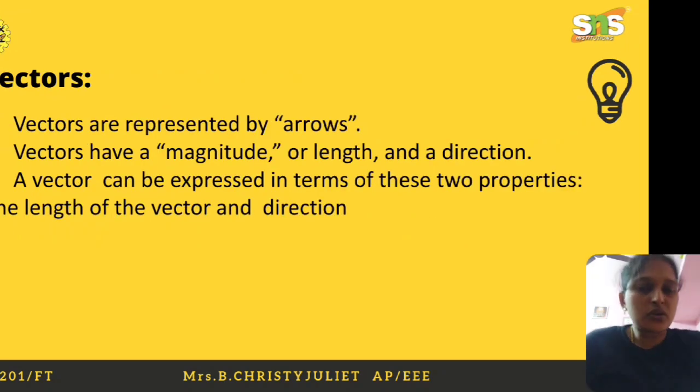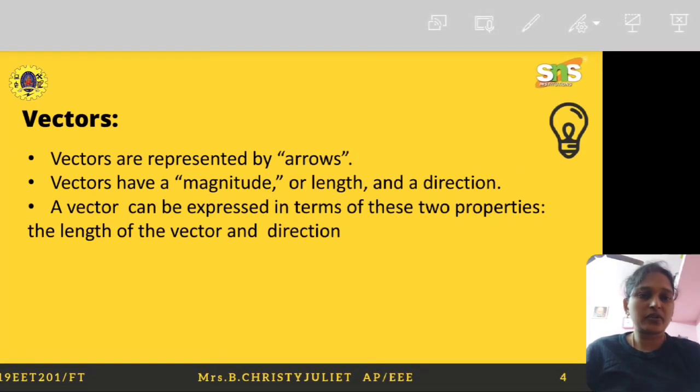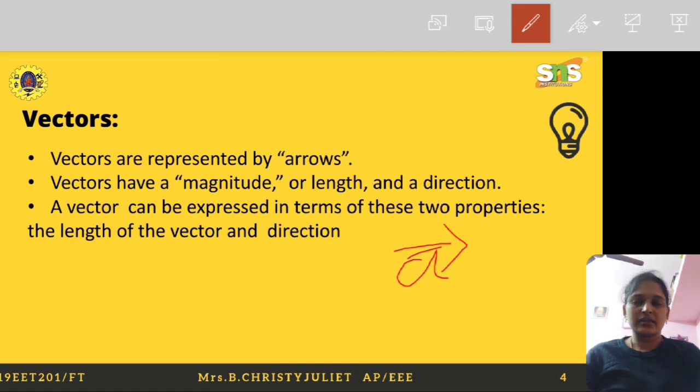Now we will see what is meant by a vector. A vector is represented by arrows. Let A be a vector. If I want to represent it as a vector, I have to write an arrow above the term, which means that it has both magnitude and direction.